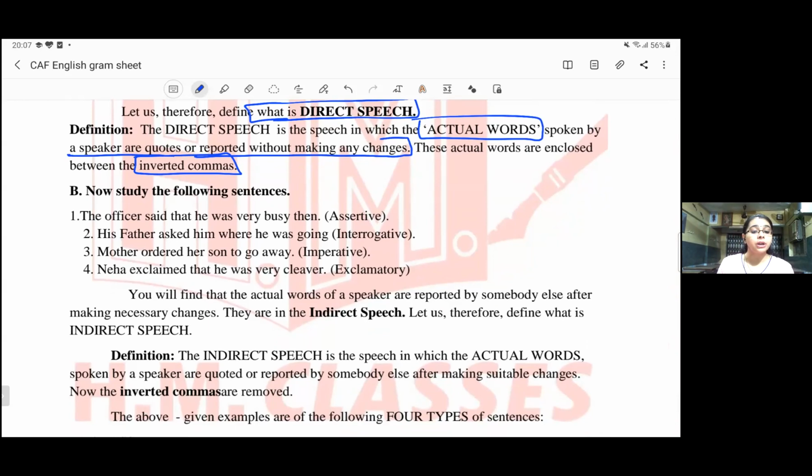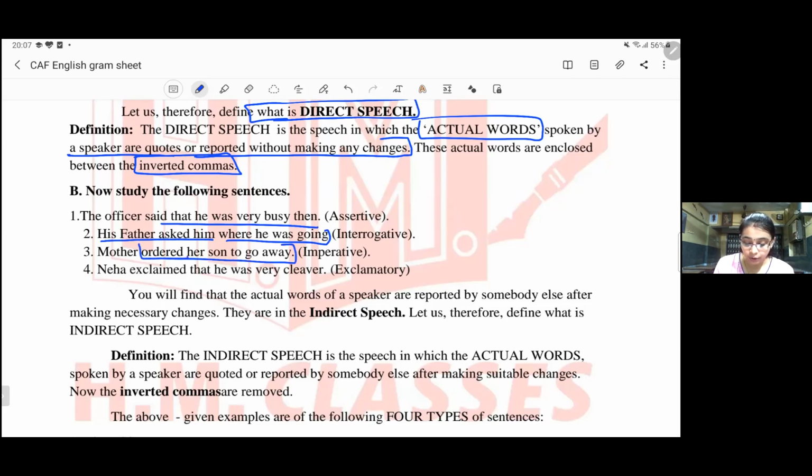Now we are going to study about indirect speech, without inverted commas, that is known as indirect speech. The officer said that he was very busy then. His father asked him where he was going. Right? Mother ordered her son to go away.